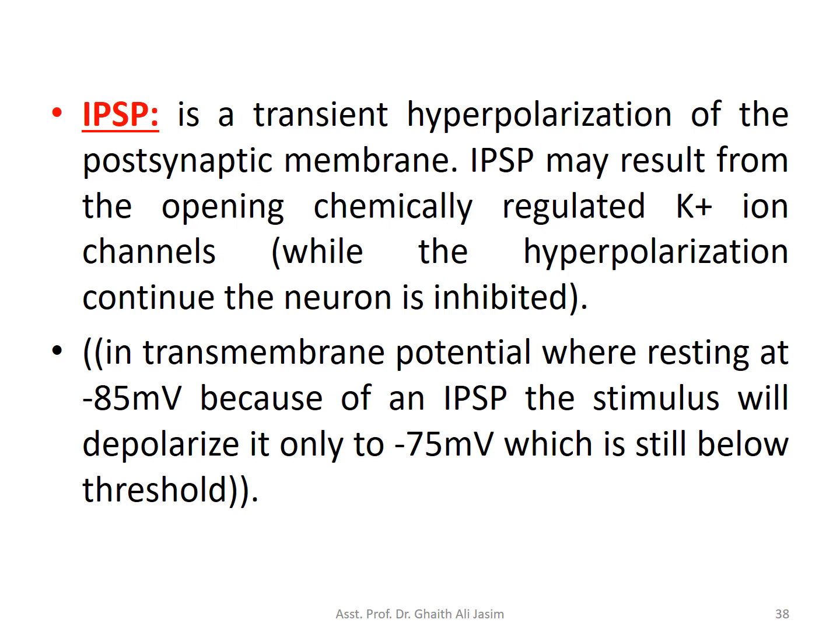In the transmembrane potential, where the resting is at, for example, minus 85 millivolts, because of the presence of the inhibitory postsynaptic potentials, the stimulus will depolarize the membrane only to, for example, minus 75, which is still below threshold. That's why we said that wherever there is a hyperpolarization, the neuron is inhibited.